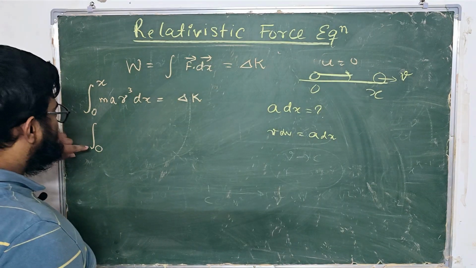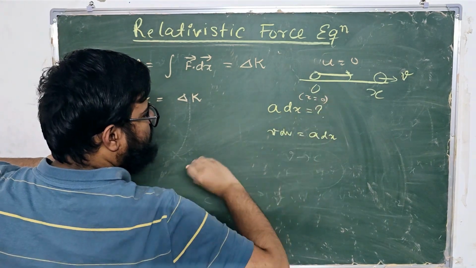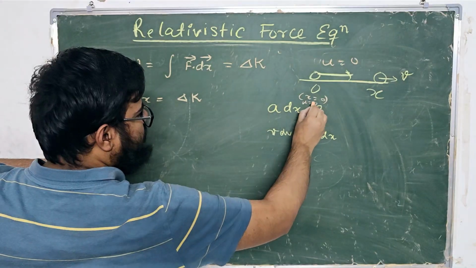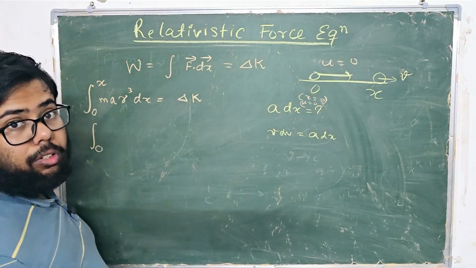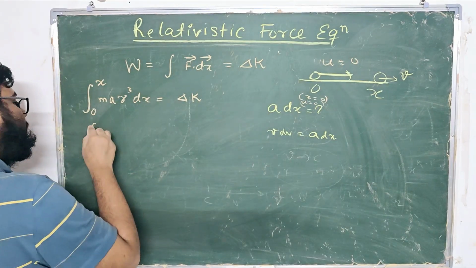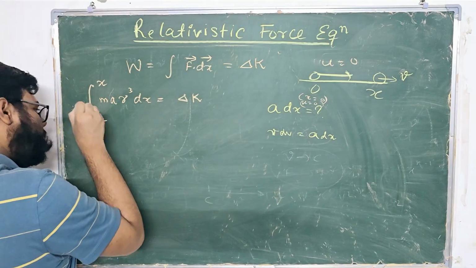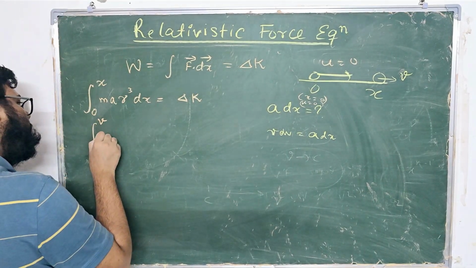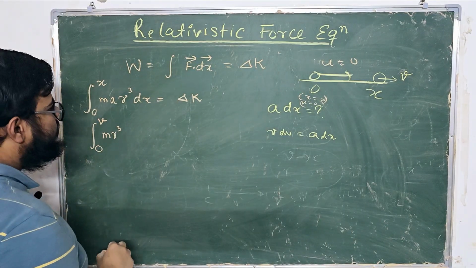Now clearly, suppose this is at x is equal to 0 and u is equal to 0, of course, right? So at x is equal to 0, u is equal to 0, correct? And when x is equal to x, then velocity is equal to some v, right? So we have m gamma cube a dx.